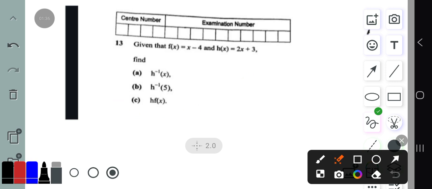You are going to be given a function number 1 and a function number 2, and then the questions will follow. So it's up to you to know the meaning of this, that, and that. Once you know the meaning of these three, then you'll be able to answer any question, right?